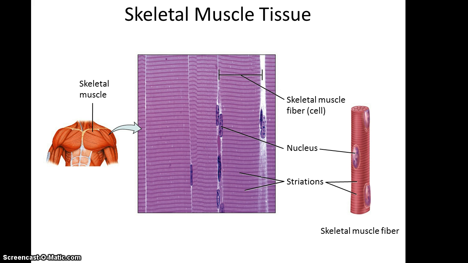So, skeletal muscle tissue. The first thing you'll see is these are long, column-shaped cells that have multiple nuclei. They also have these very interesting and always expected striations. So you see these lines going across those muscle fiber cells. They are one of the ubiquitous features of skeletal muscle tissue.